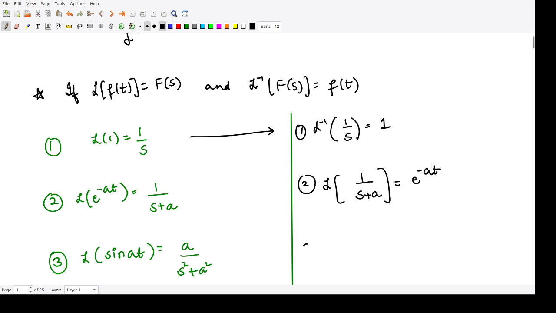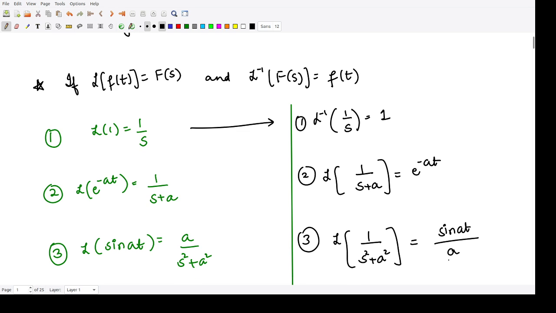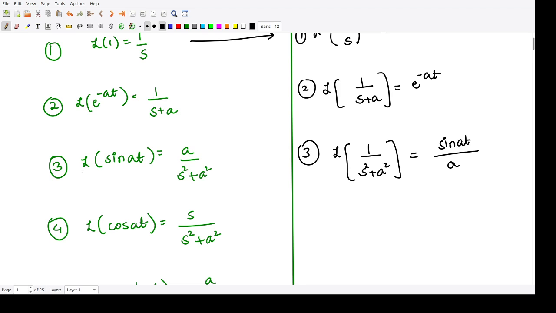And then the Laplace inverse of 1 upon s square plus a square is equal to sin at divided by a, because when you take Laplace inverse on both sides, this a, because it is a constant, would come out of the inverse operator and would divide on the left hand side.